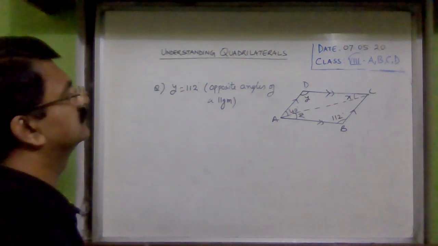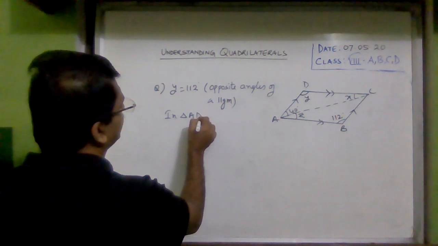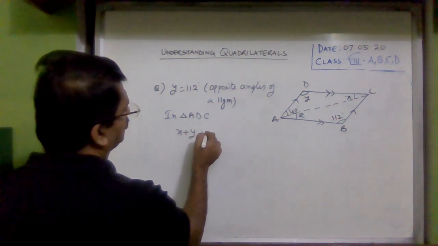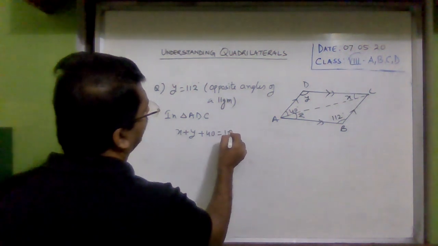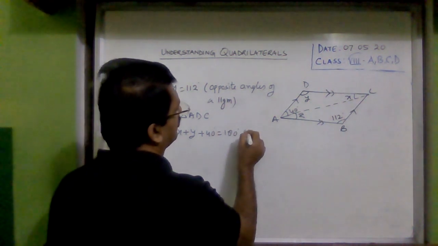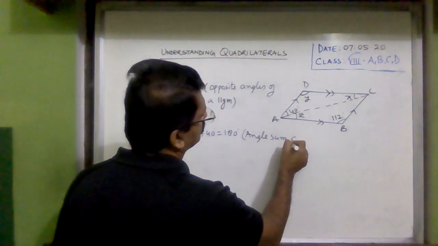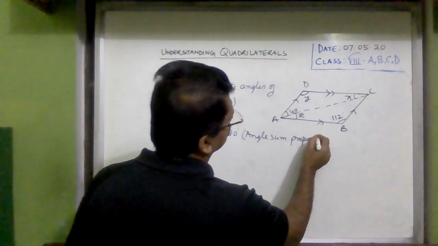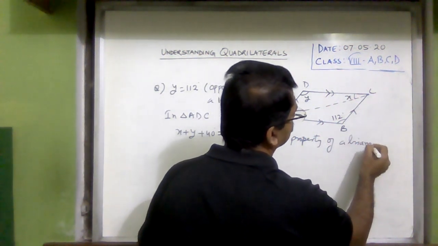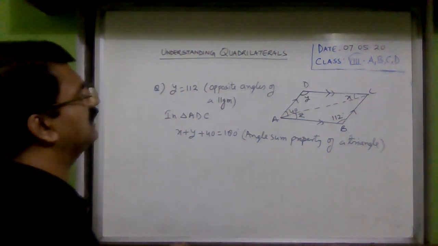Now in triangle ADC, X plus Y plus 40 is equal to 180. That is the angle sum property of a triangle.